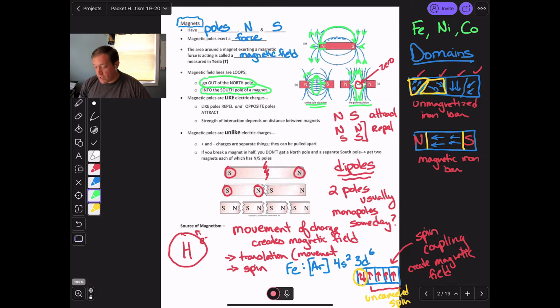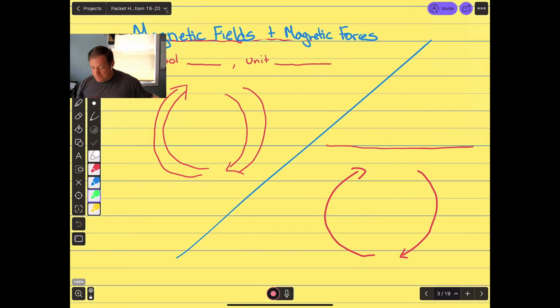Now, there are a few other kinds of magnetism. This is called ferromagnetism, and it's due to domain alignment. Ferro, Latin for iron. But of course, a few elements also show this property. Let's keep going.